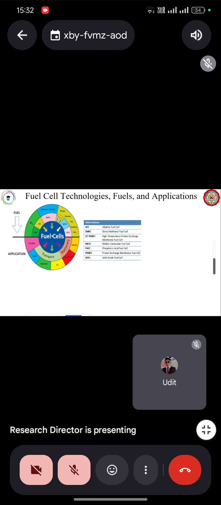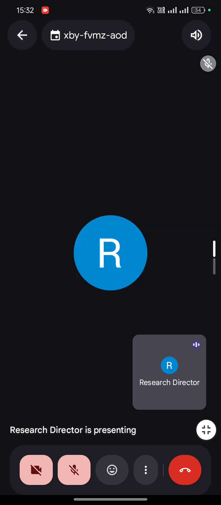Am I right? Okay, I am taking some examples from the fuel cell so that I can explain some terms, so that you will understand what's going on here.